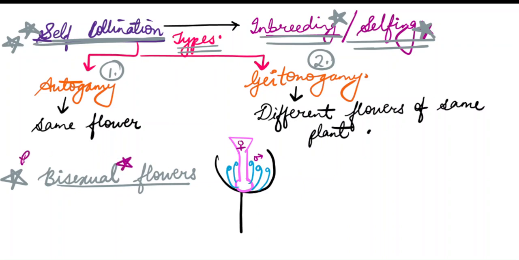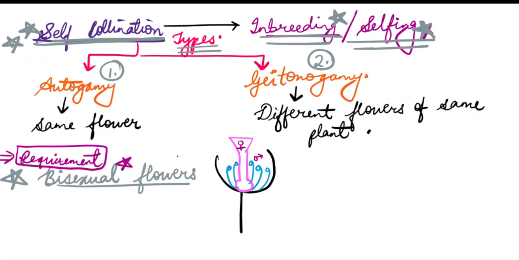And this is a requirement for self pollination. If there is a need of self pollination, then the flower must be a bisexual flower.